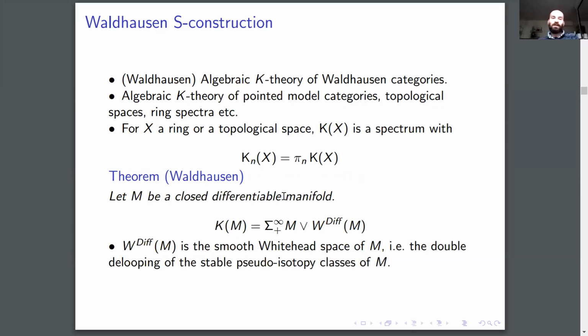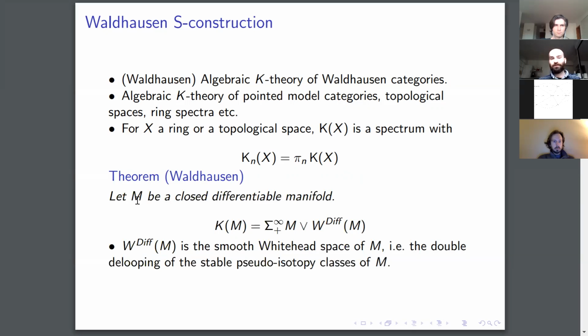And one big theorem that came out of his work is the identification of the algebraic K-theory of closed differentiable manifolds. He shows that the algebraic K-theory spectrum of a closed differentiable manifold splits in this way. This is the spectrum corresponding to what's called the infinite suspension spectrum, which corresponds to a topological space.